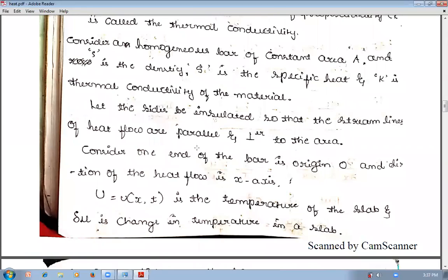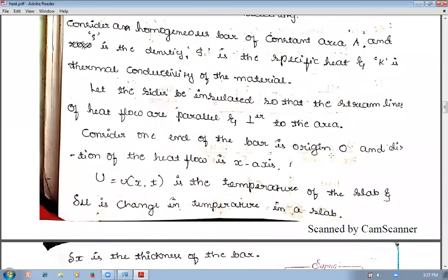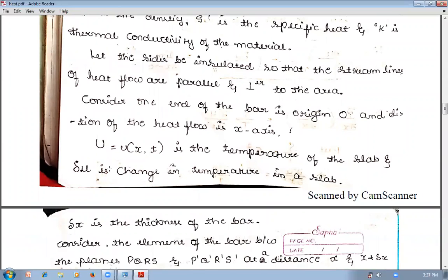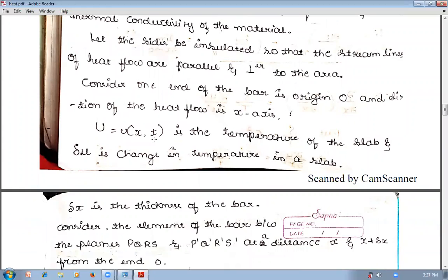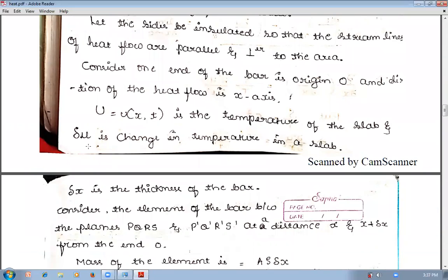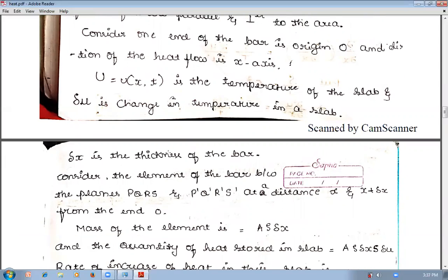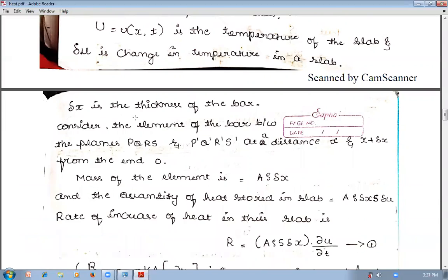Consider one end of the bar as origin O and the direction of heat flow as the x-axis. u = u(x,t) is the temperature of the slab, and delta u is the change in temperature in the slab. Delta x is the thickness of the bar.